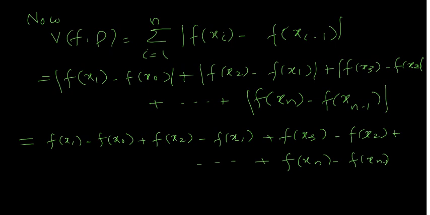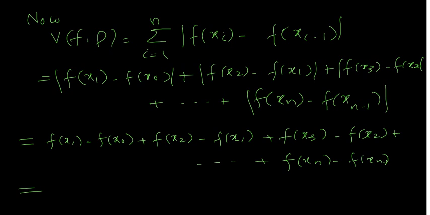That plus f of xn minus 1 will go with this minus f of xn minus 1. So here you will see that all the terms will cancel out and only two terms remain: one is the minus f of x naught and second is the plus f of xn.